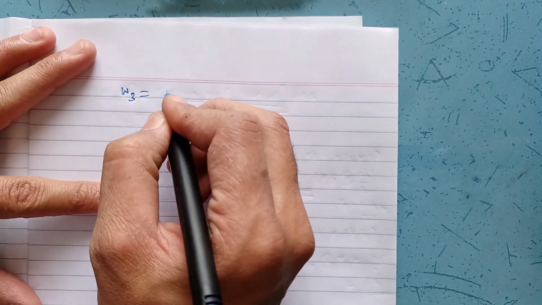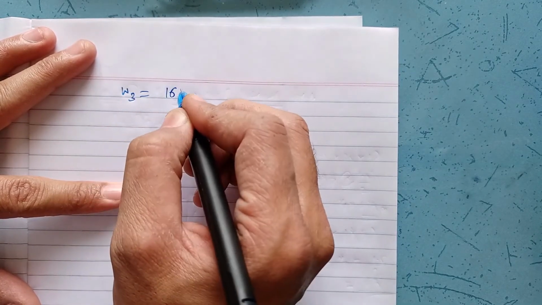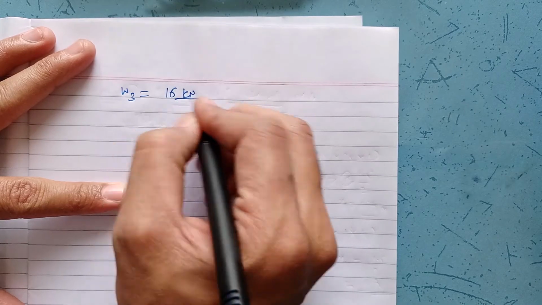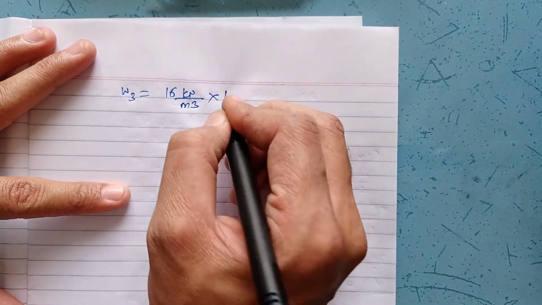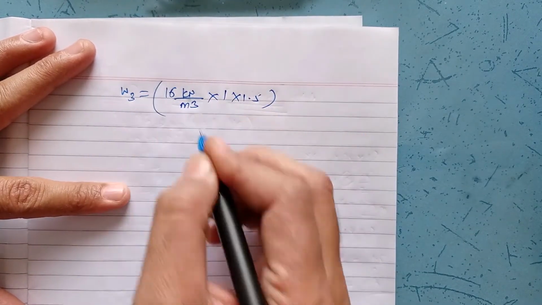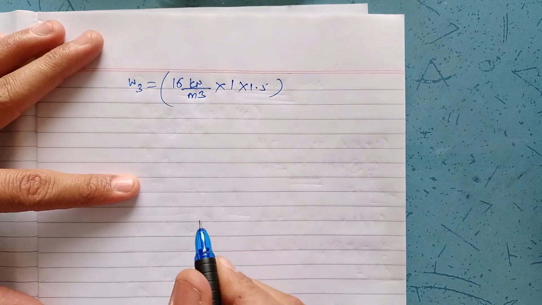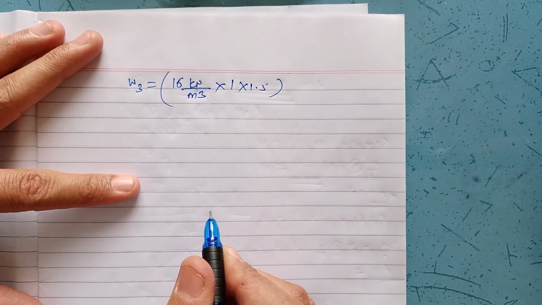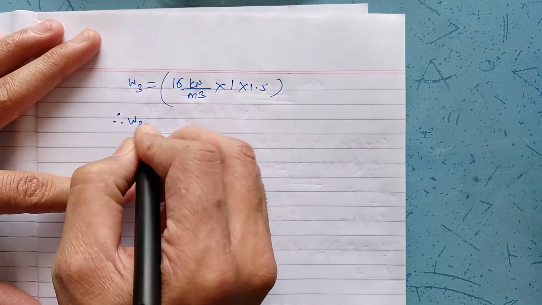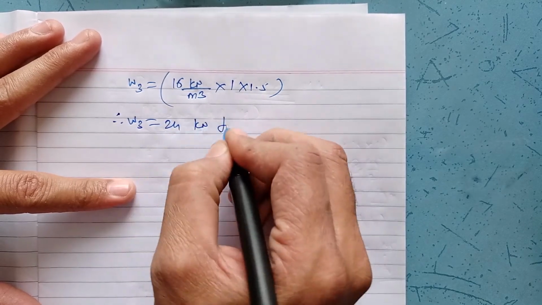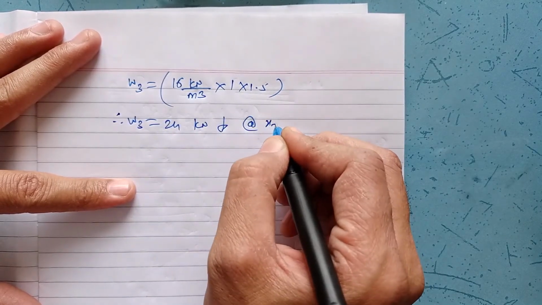W3 is due to surcharge, and the intensity of surcharge was 16 kilonewton per meter cube, per meter length, into 1.5, that is the length of the surcharge, and this W3 will be 24 kilonewton acting at x3, that is 1.5 divided by 2 from C.